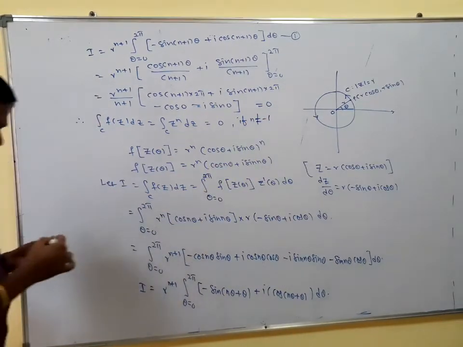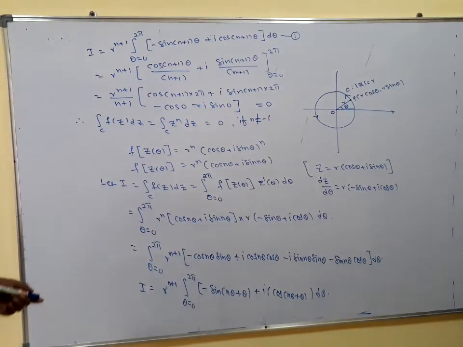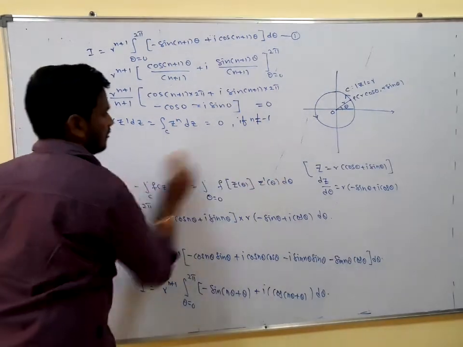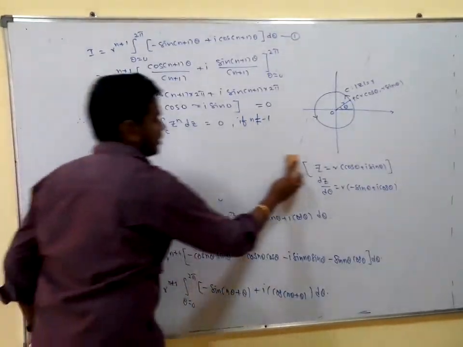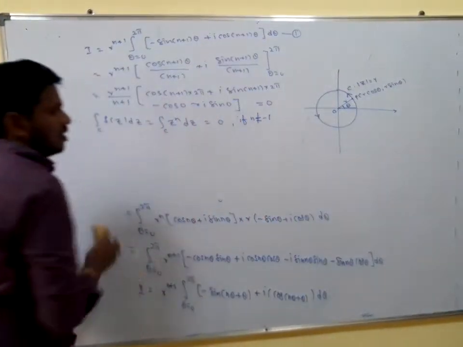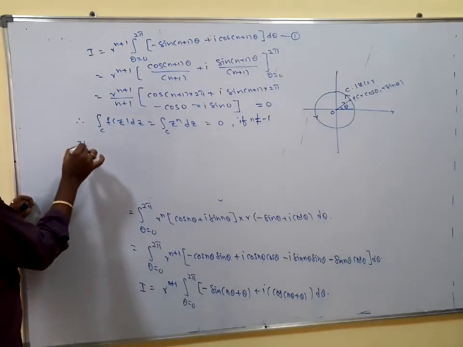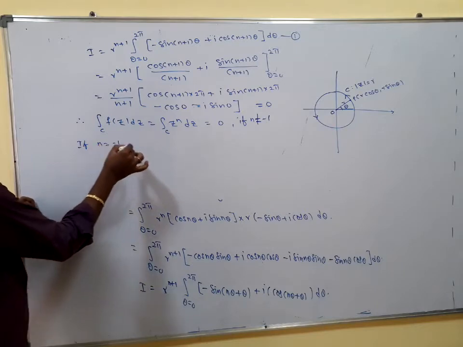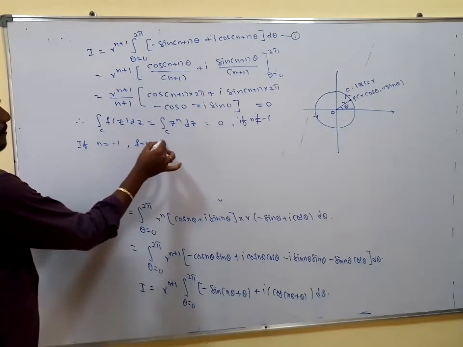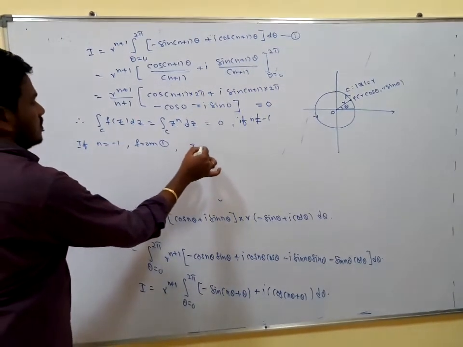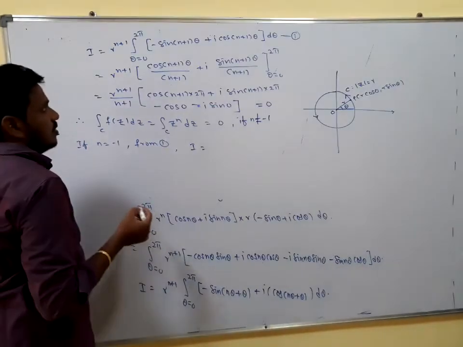Now if I take n is equal to minus 1, from equation 1, I is equal to r to the power of minus 1 plus 1, which is r to the power of 0.